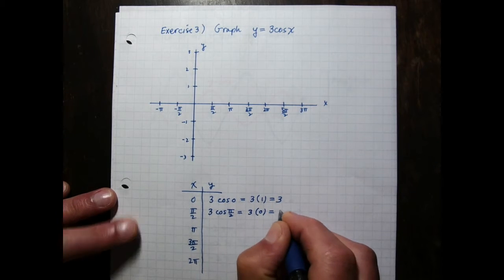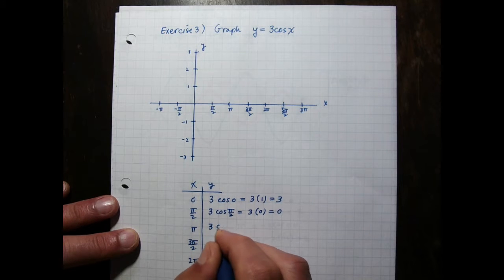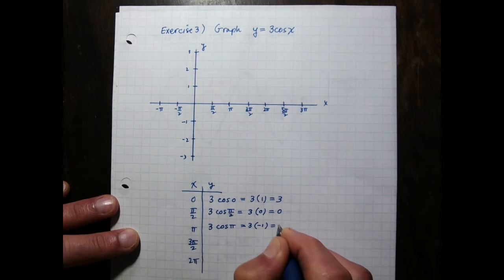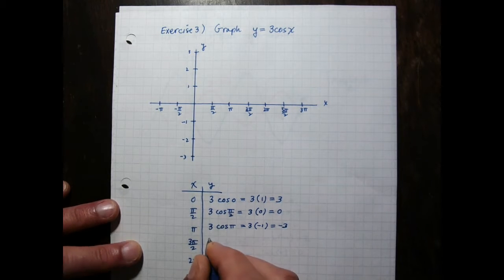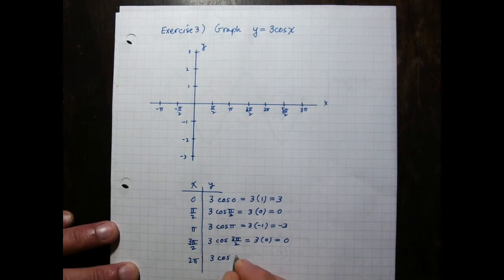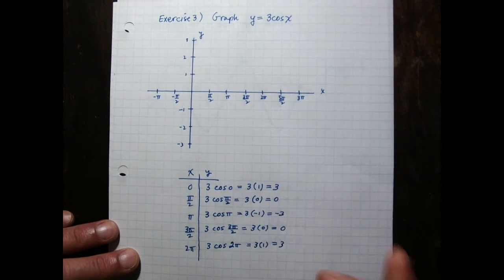So we've got to get comfortable with that fact, so we can just observe that this function value is 0. 3 times cosine of pi is negative 1, so we get a negative 3 function value. 3 times cosine 3 pi over 2 is 3 times 0, which is 0. 3 times cosine of 2 pi, we've gone through one full cycle, one full period, so we're back to values that match up with 0, right? 3 times 1 is 3. So we have some points to plot here.